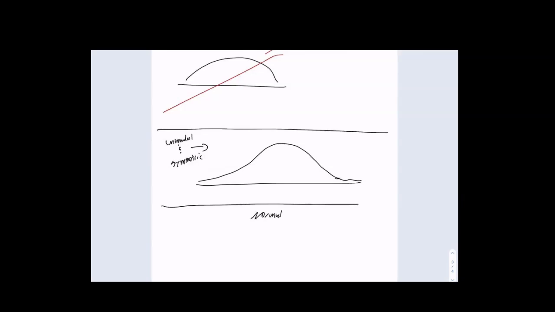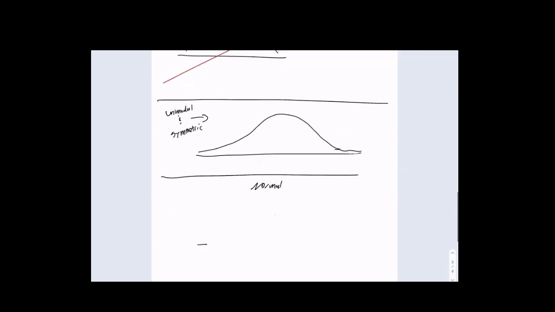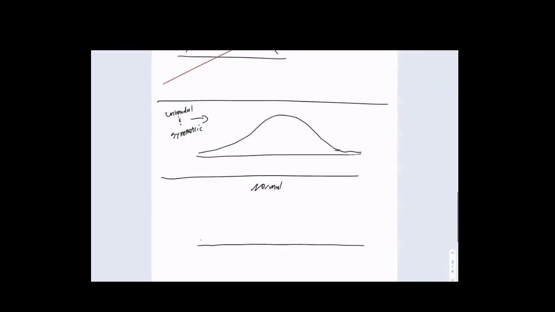To make it normal, there has to be a special property within here. And so normal distributions, remember, follow the 68, 95, 99.7 rule.